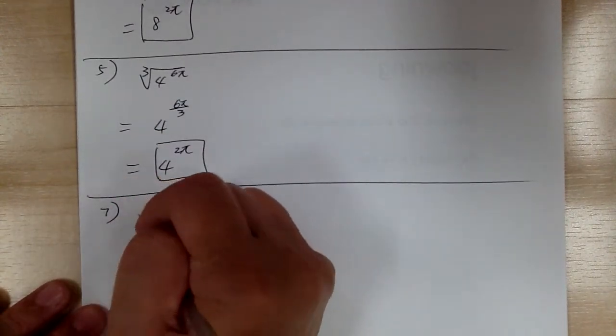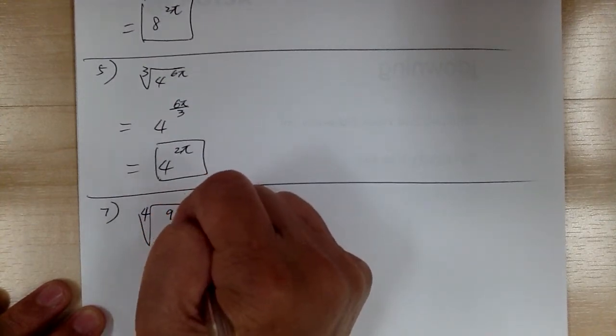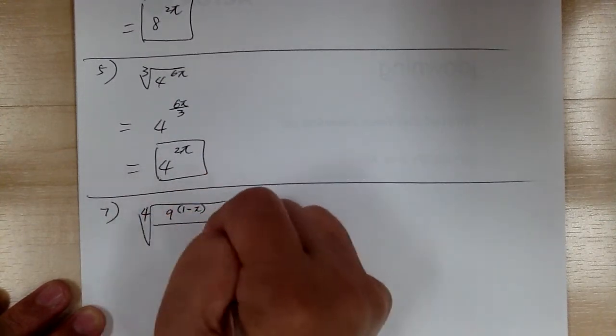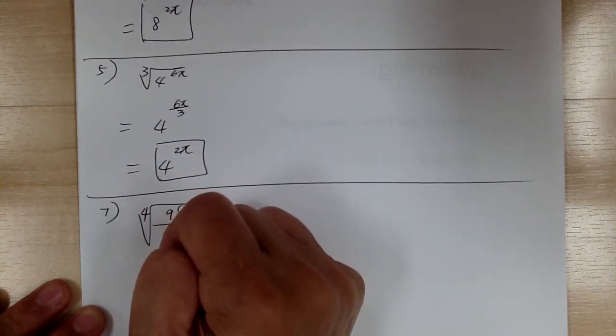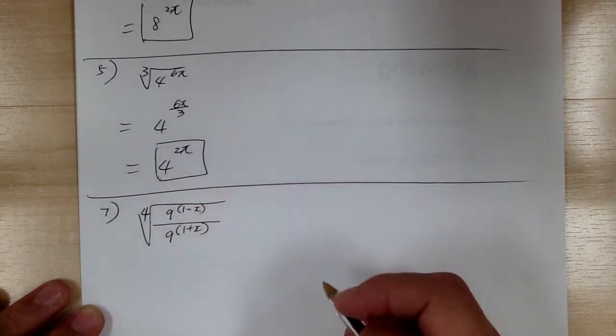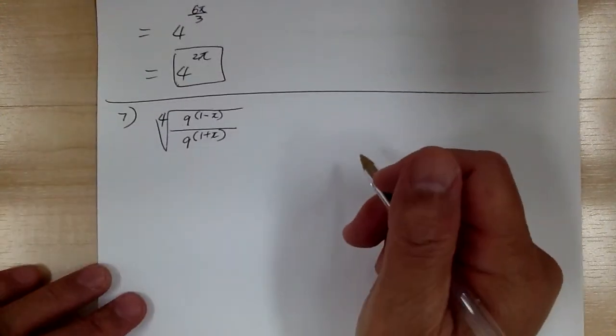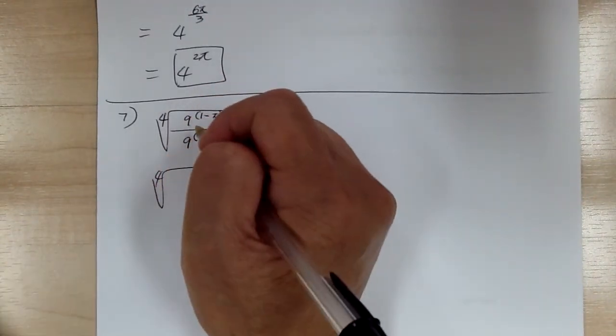Okay, number 7. You have the fourth root of 9 to the 1 minus pi, notice I put in the parentheses so that it's more clear, over 9 to the 1 plus pi. Okay, so first what you want to do is apply the quotient rule.